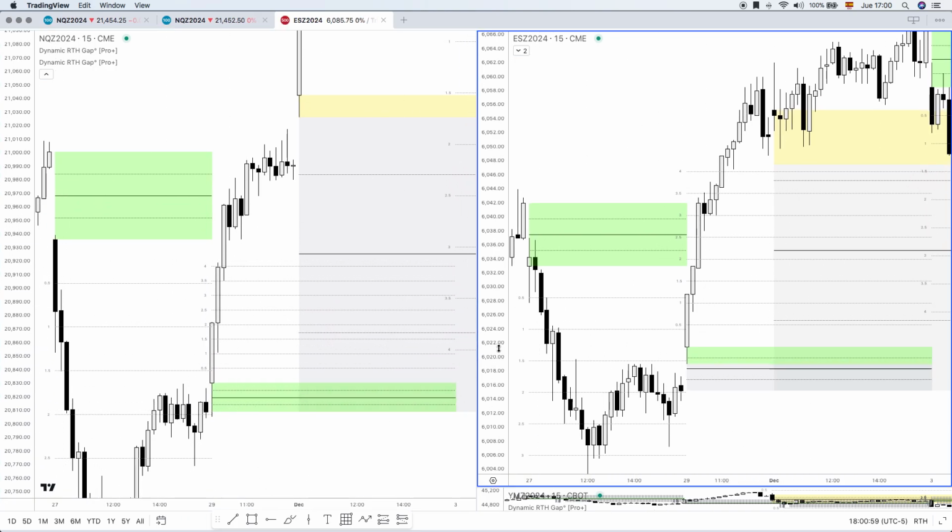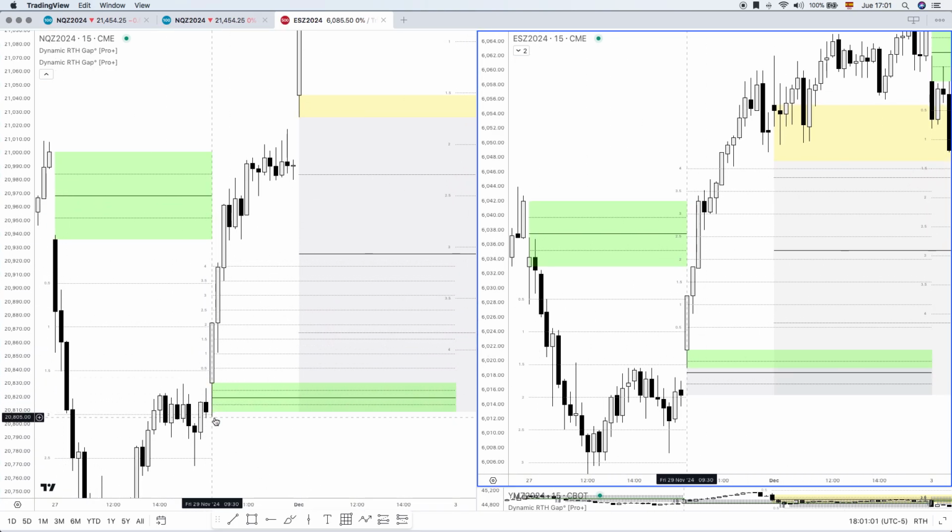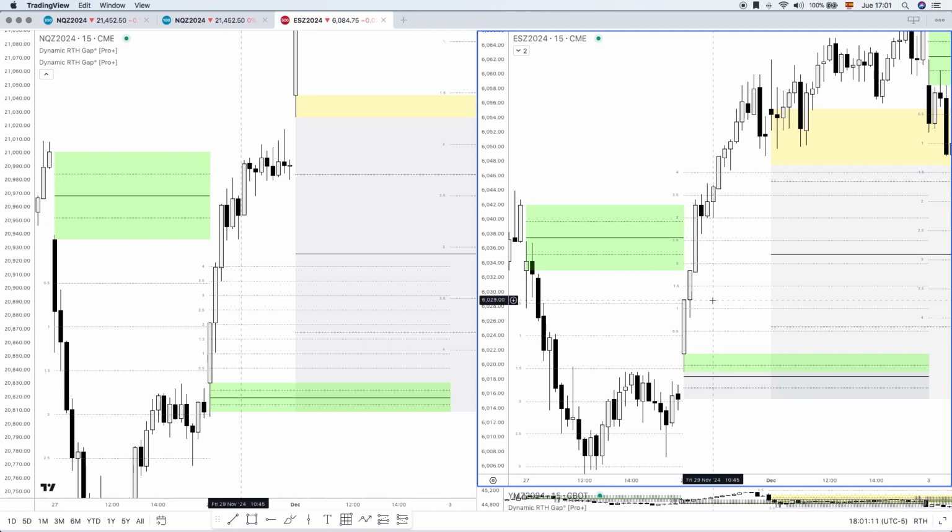Like this. Nasdaq fully closed the gap here, while ES was trading above the consequent encroachment. We failed to reach the 50%, and ES was delivering a better long. You see, the movement was cleaner and without chopping around like here.